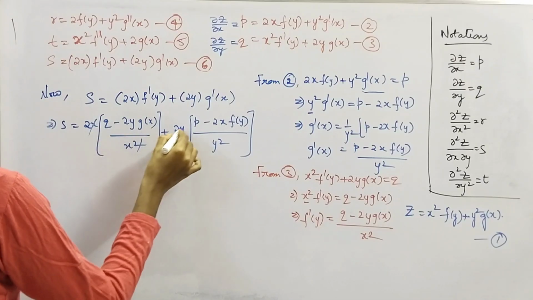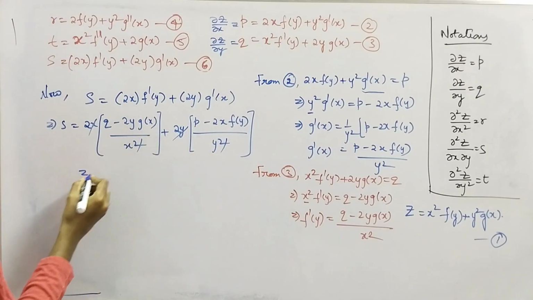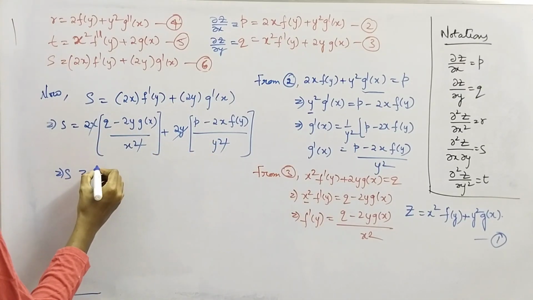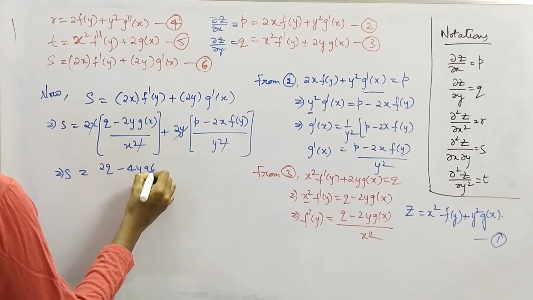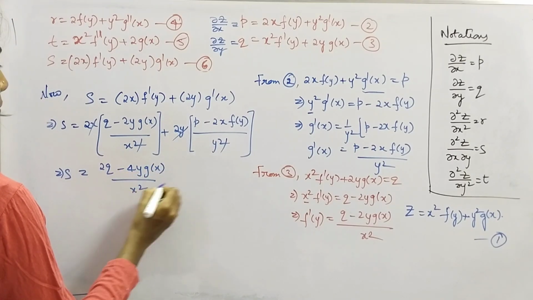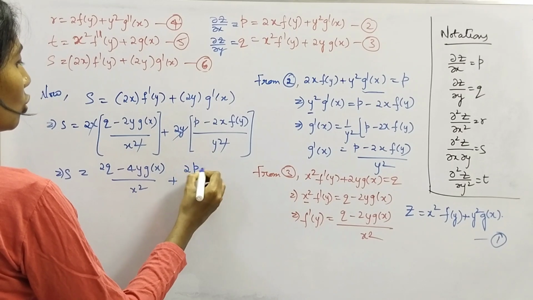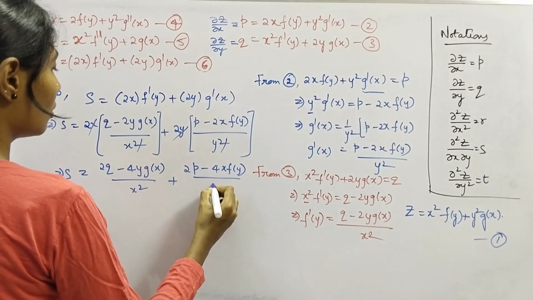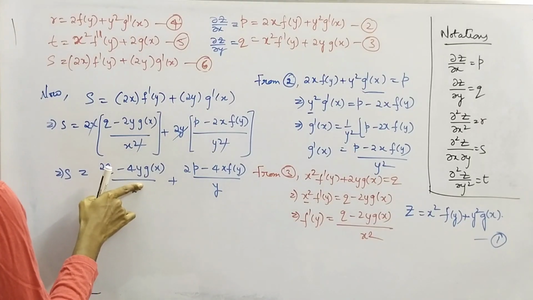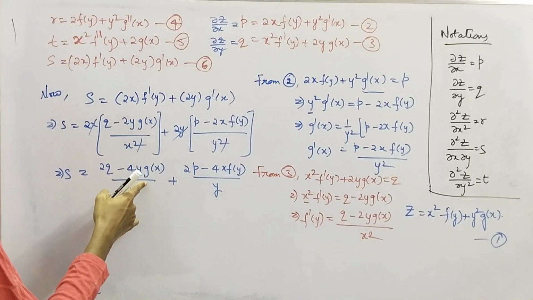You can cancel one x and one y, so that you'll get s equal to (2q minus 4y g(x)) by x plus (2p minus 4x f(y)) by y. Since we have cancelled one x, you'll get only x here.